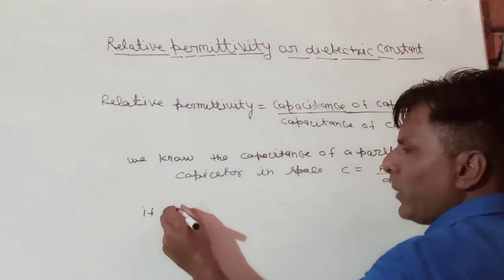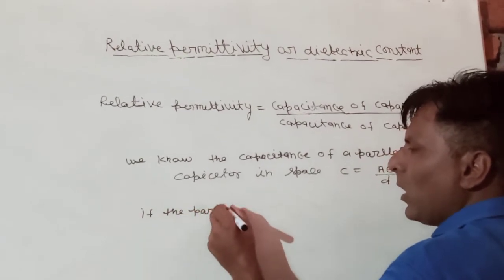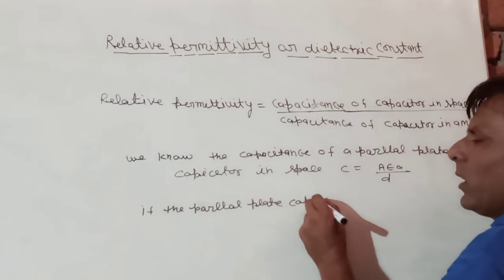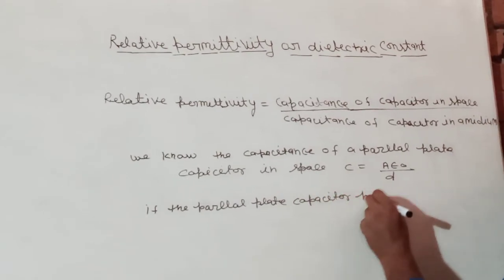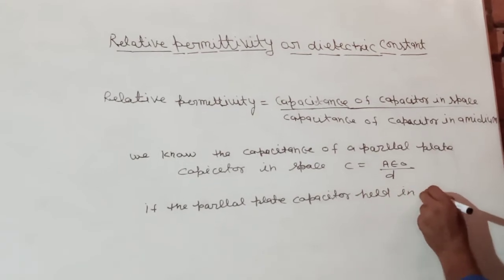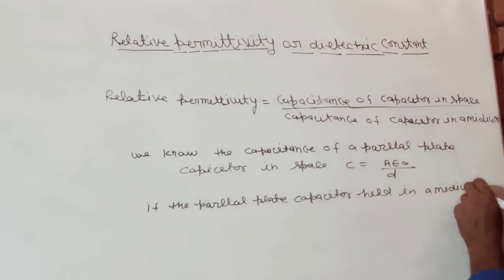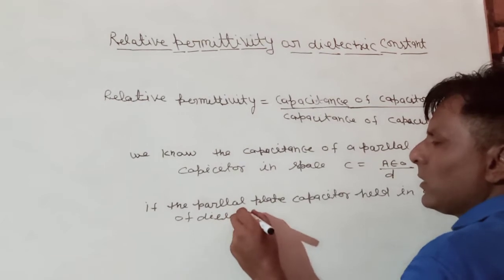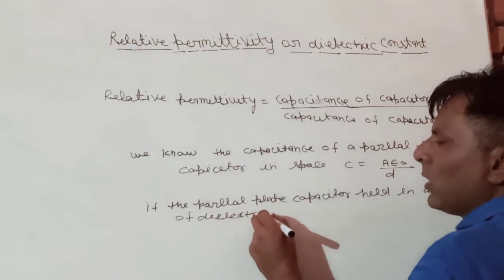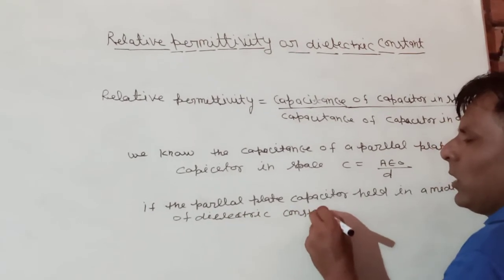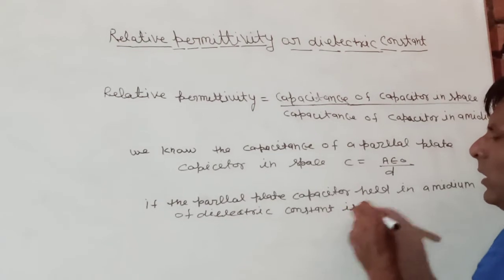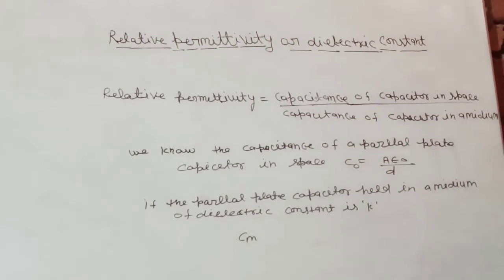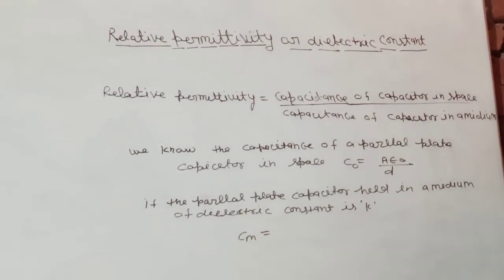If the parallel plate capacitor is held in a medium of dielectric constant K, suppose C naught is for space and Cm is the capacitance of a parallel plate capacitor in the medium.